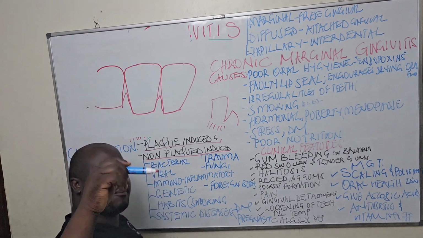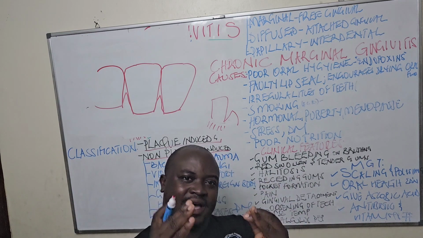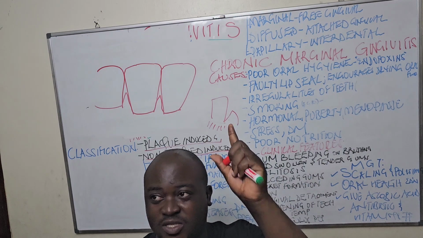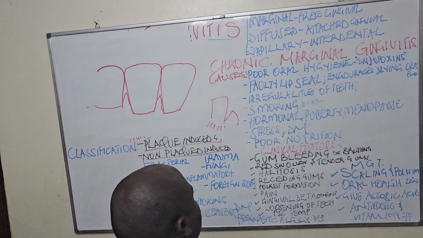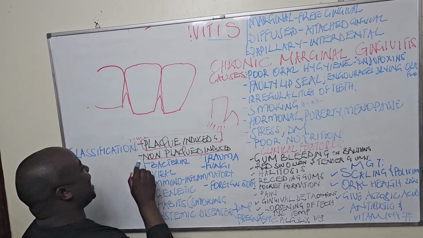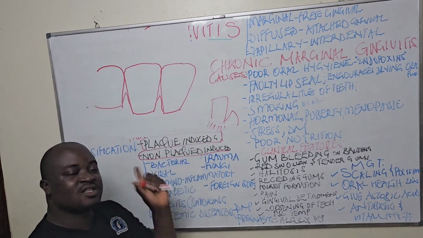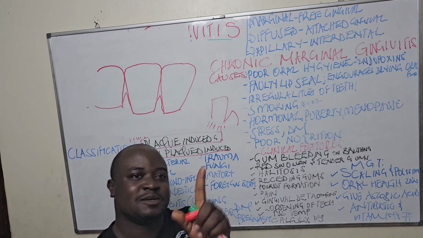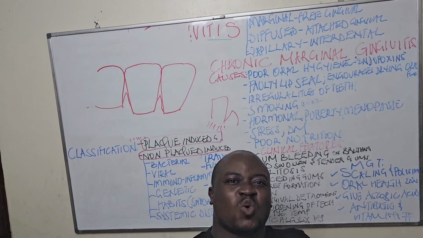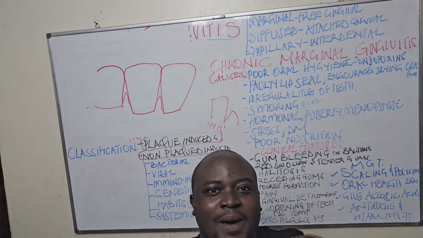In other words, bacteria is the one responsible for gingivitis, but you can also have some other gingivitis which doesn't happen due to bacteria. So that's why we have plaque-induced gingivitis and non-plaque-induced gingivitis. For plaque-induced gingivitis, we shall have bacteria in plaque, because the plaque is what attaches on your tooth and adheres so firmly that it cannot be removed by a stream of water.